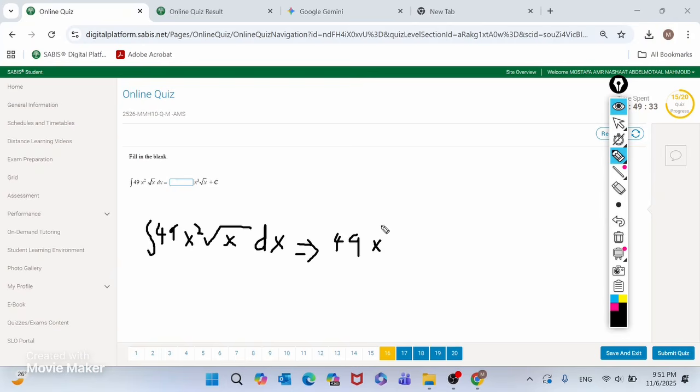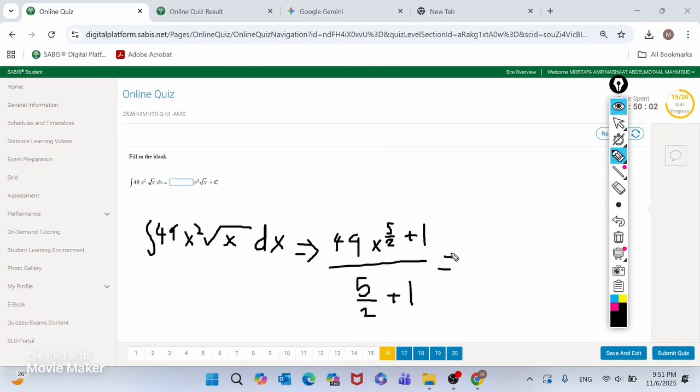So 2 plus 1 over 2 is 5 over 2. Then you're just gonna integrate this. So plus 1 over 5 over 2 plus 1.